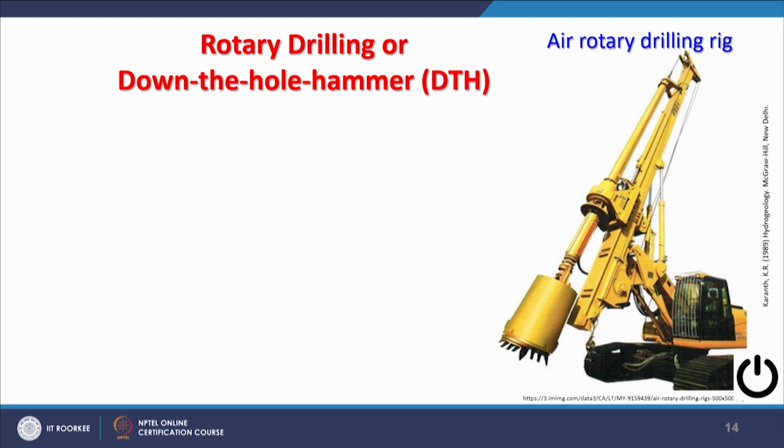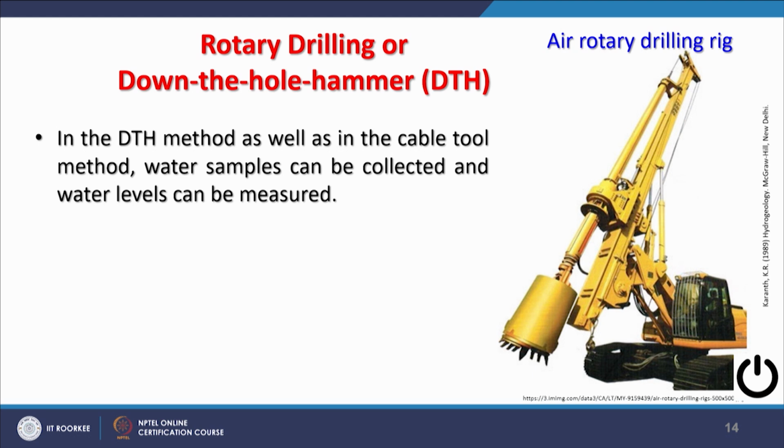So, in this down the hole hammer, DTH or rotary drilling method, as well as the cable tool method, water samples can be collected and water levels can be measured. After all, why are we doing all this? To know at what depth the water is available, and if water is available, we can also assess the quality of the water, and you may also get the quantity of water.